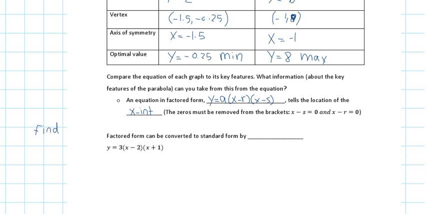Bring it over. What does it become? And this is your second zero. So your two zeros are 2 and -1. So to find the zeros, you just have to set each bracket equal to 0 and solve for it. This is what this is saying.